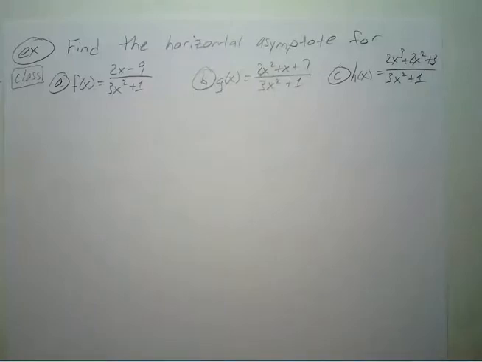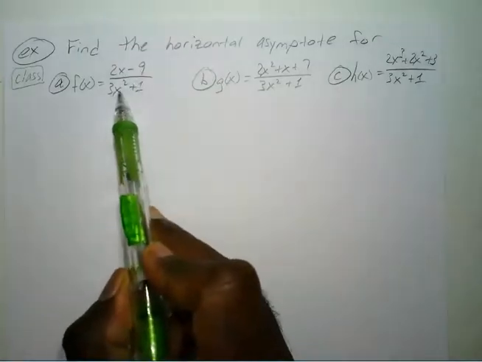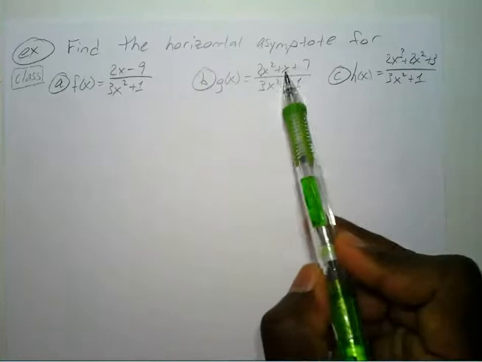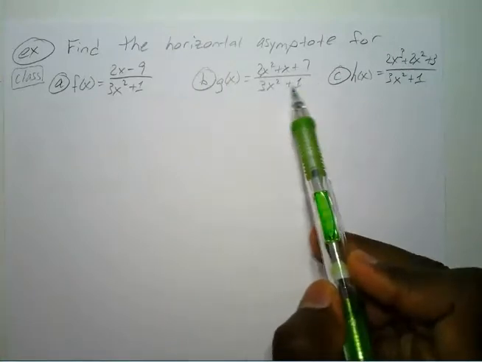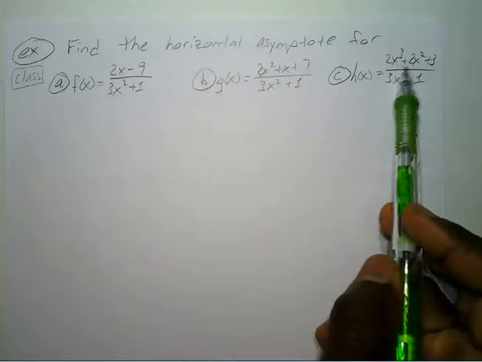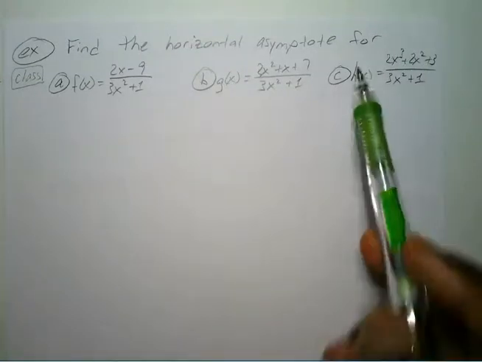All right, so using all the information on the previous page, I want you to find the horizontal asymptotes for f of x equals 2x minus 9 over 3x squared plus 1, for 2x squared plus x plus 7 divided by 3x squared plus 1, and for 2x to the third plus 2x squared plus 3 divided by 3x squared plus 1.